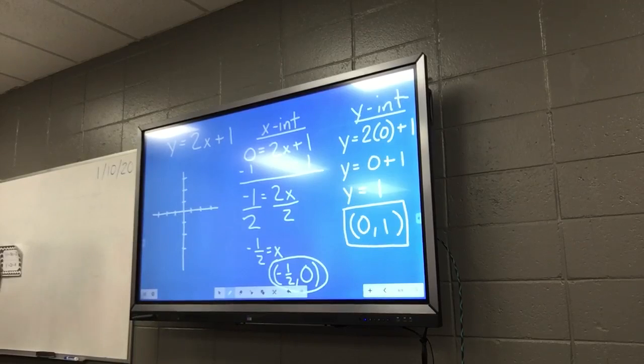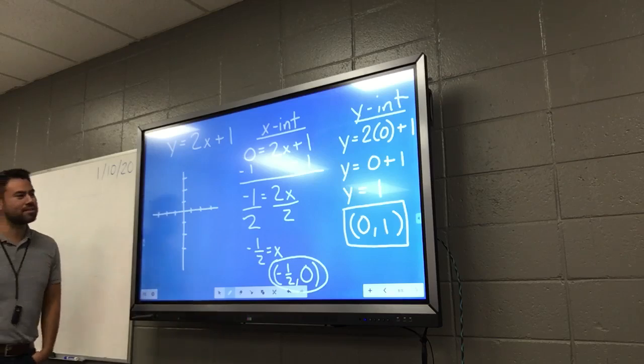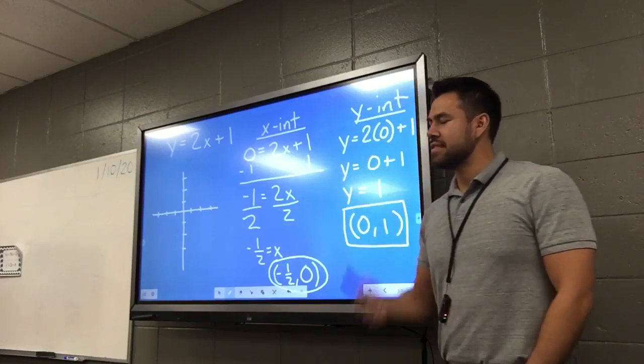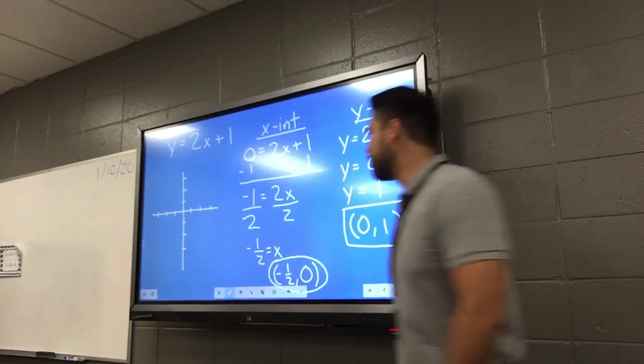So graph the line. You're like, what? You need at least 2 points to do that. Yes, you're right. You need at least 2 points. Nothing yet. Just put the line, get the line.